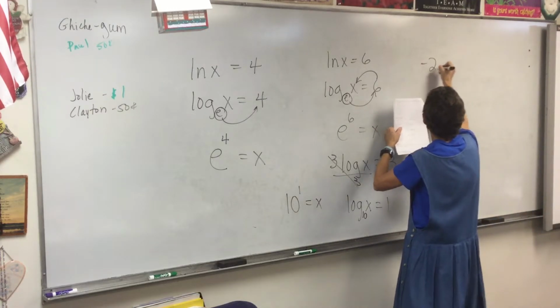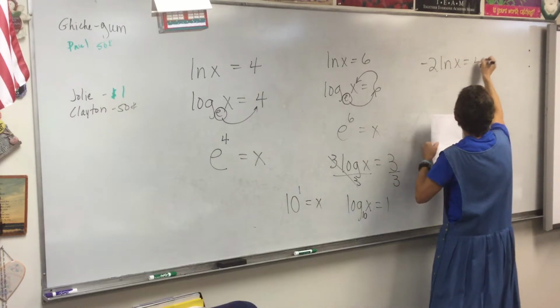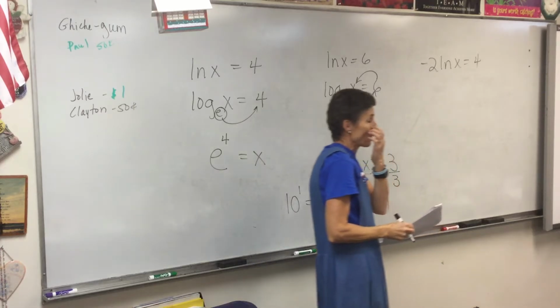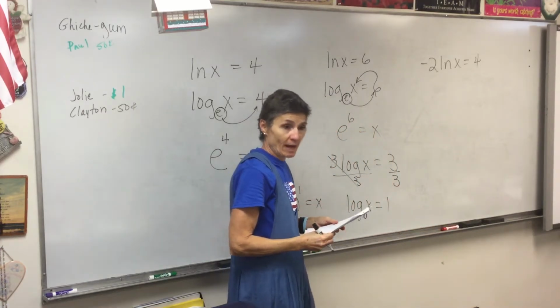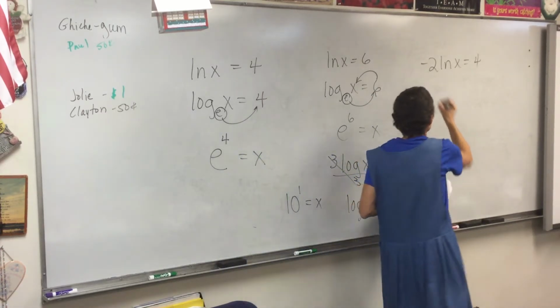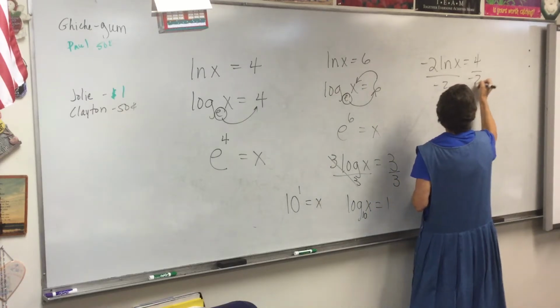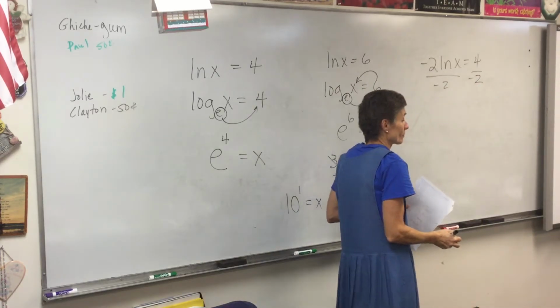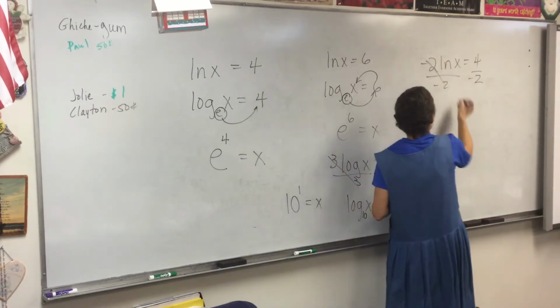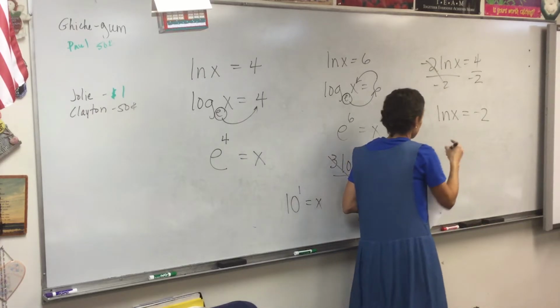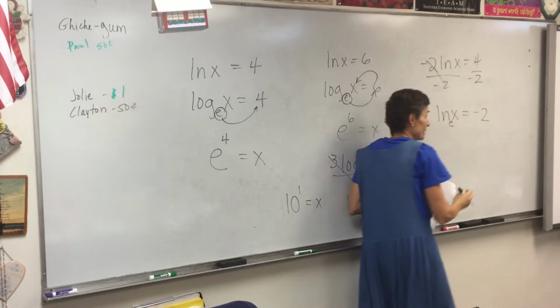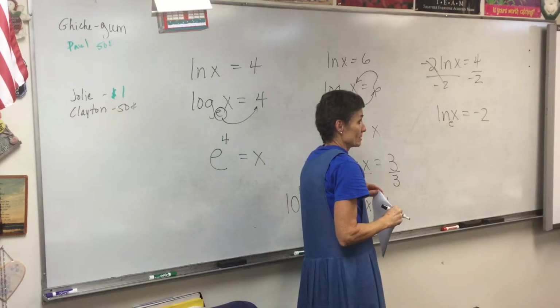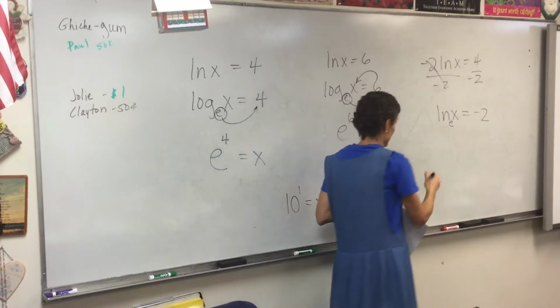G. Take a clue from the last one. How do you think we'll start? Divide by -2. So we have ln x equals -2. Yeah. Now remember, the base here is e, right? So when I translate it, I start with the e.